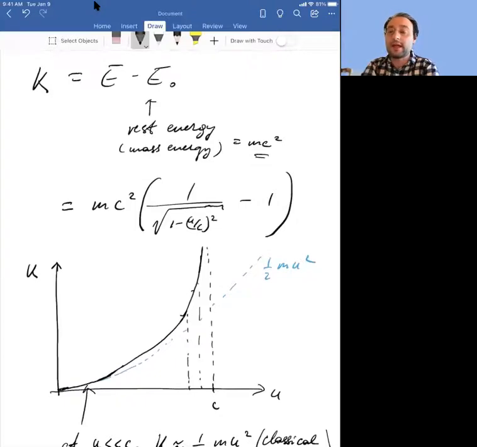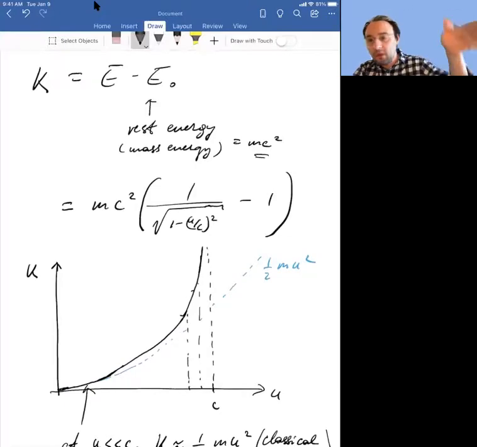And the upshot is that from the point of view of forces, if you keep applying a constant force, well, initially you accelerate, you have a constant acceleration. If you apply constant force, you get constant acceleration. So initially you're at small velocities, you're in the realm of classical physics, but then you get less and less payback. Your acceleration decreases, and then you keep applying force, but the particle just refuses to accelerate.